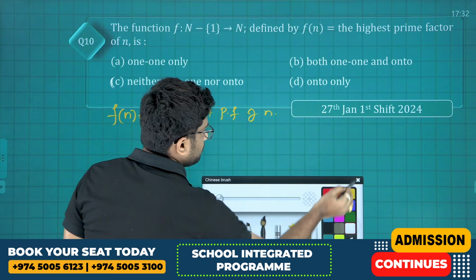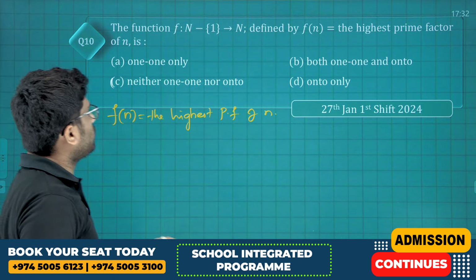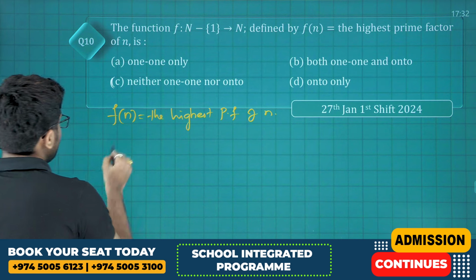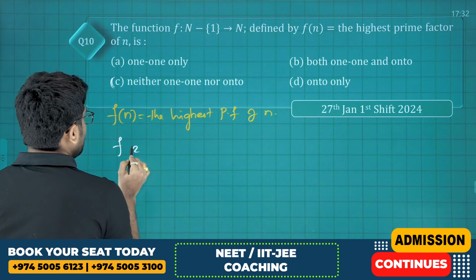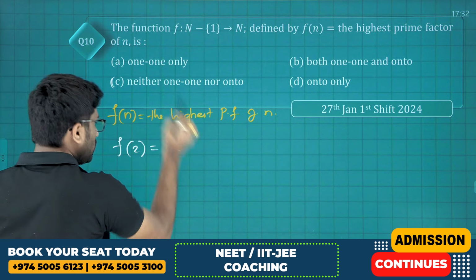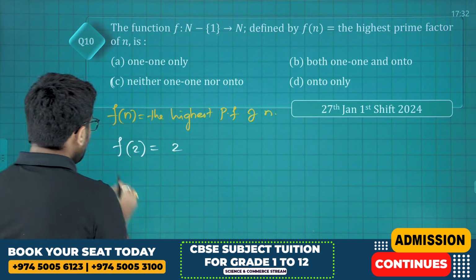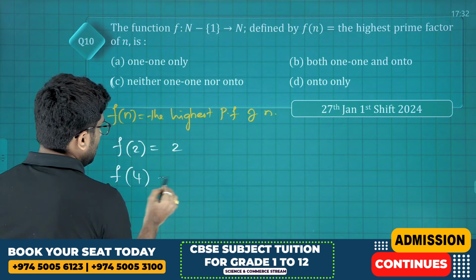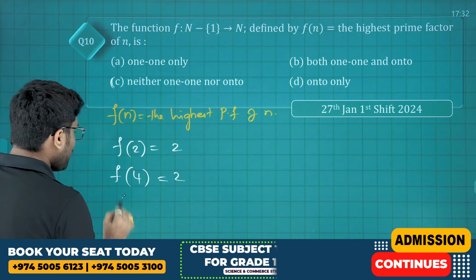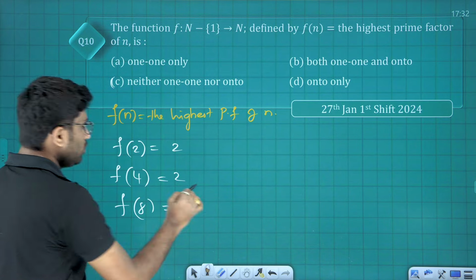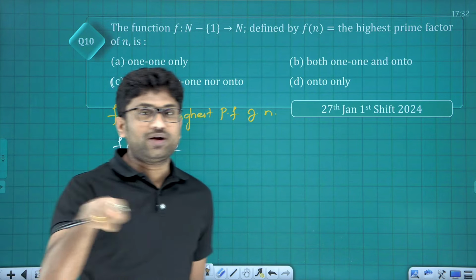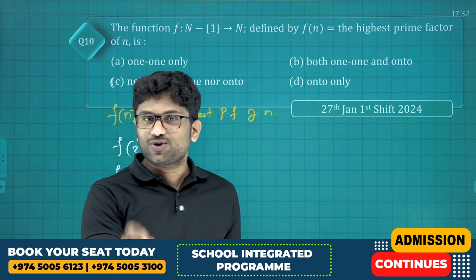Now they are asking whether it is one-one or onto or neither. Friends, what is f of 2? 2. F of 4 is again 2. F of 8 is again 2. So clearly it is not one-one.